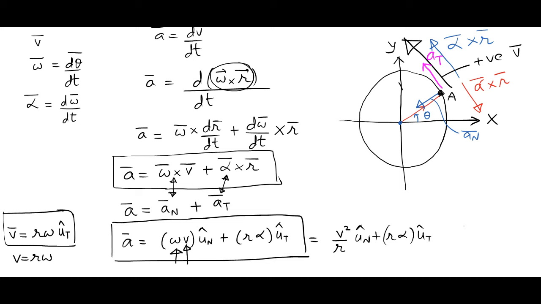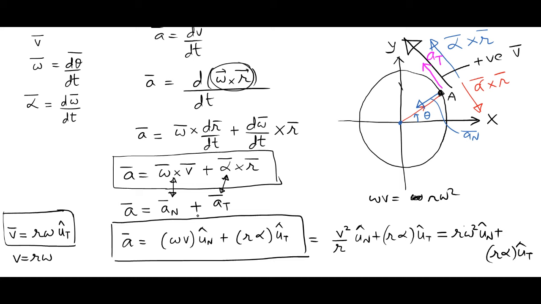So omega times v is omega times r omega, so that actually gives you r times omega square. So my third form is r omega square times normal unit vector cap plus r alpha times u tangential cap.